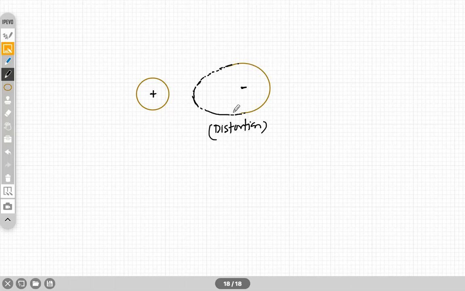So polarizability is defined for the anion, polarizing power is for the cation. There are factors which affect this, and this phenomenon is polarization, correct? Now see, if the positive charge density here is more, then this would produce more attraction on the electron cloud and hence more polarization. Yes or no?